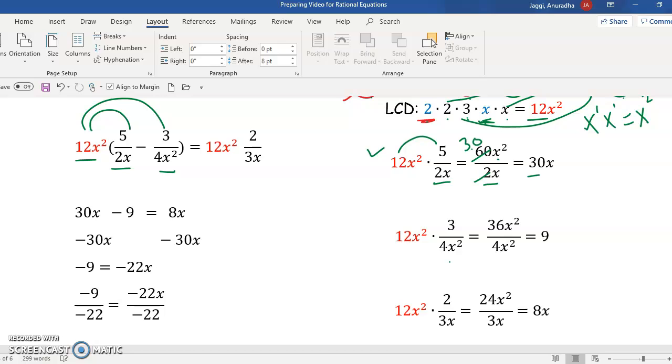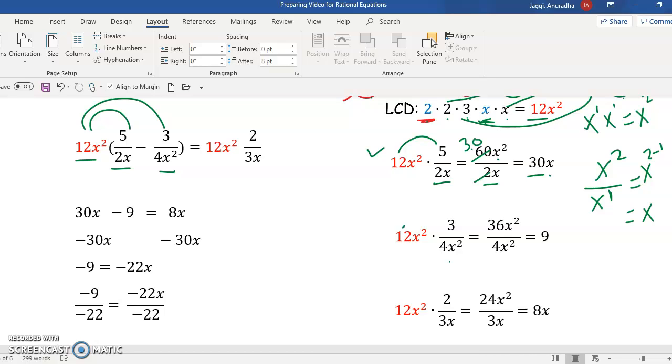So you get your 30 from there. And x square divided by x, quotient rule, x to the power 2 divided by x to the power 1, x to the power 2 minus 1, that becomes x. Okay, so you have a 30x.